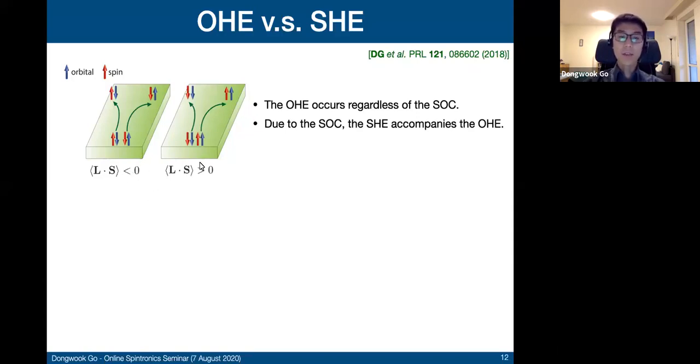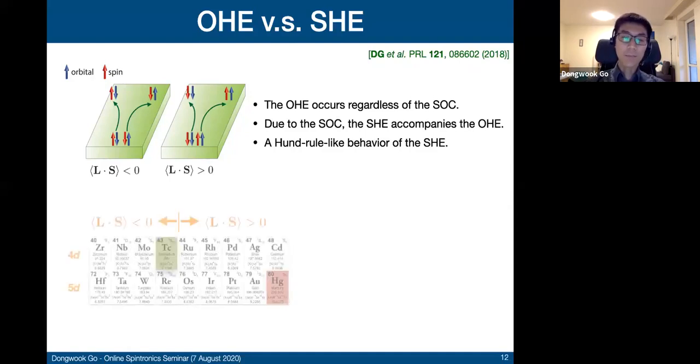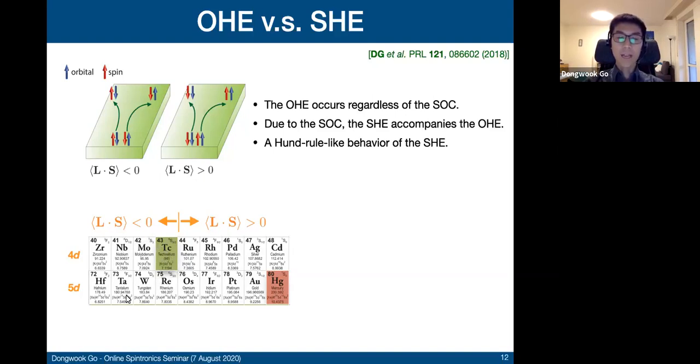This behavior explains a Hund-like behavior of the spin Hall effect. What I mean is that if you look at the periodic table and just calculate or measure the spin Hall conductivity, we find that the left part of the d transition metals have a negative spin Hall angle, and on the right side, they show a positive spin Hall angle.